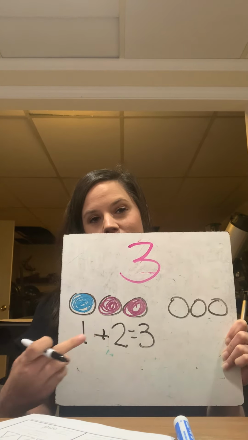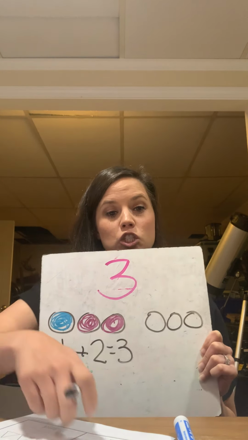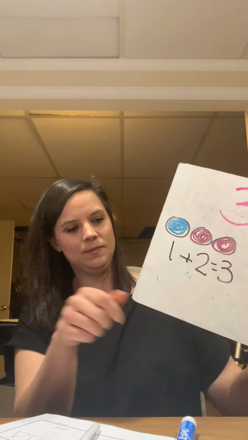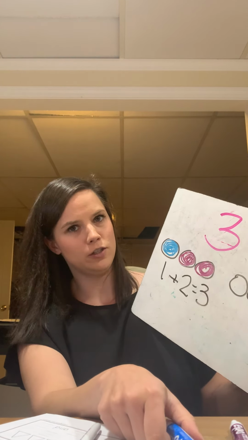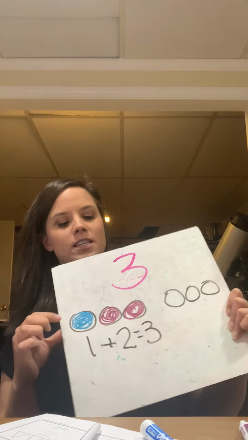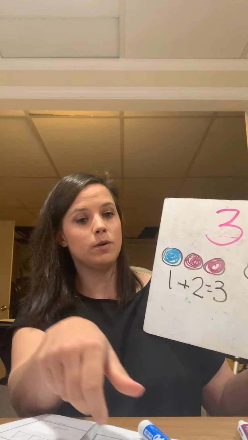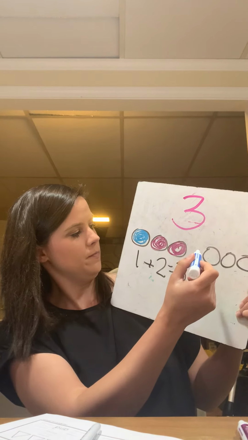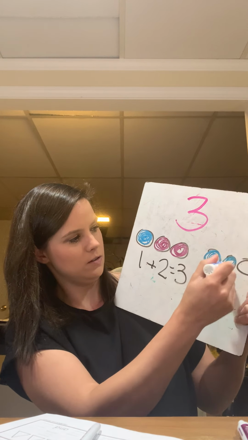So let's do the opposite. Instead of 1 plus 2, let's try 2 plus 1. Sorry, I was just being silly again. So I'm going to take my first color, which was blue. I'm going to shade 2 blues.